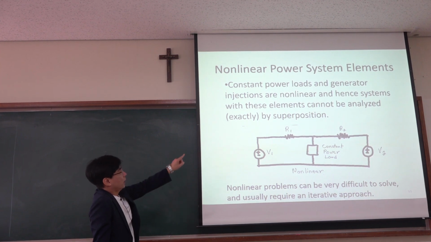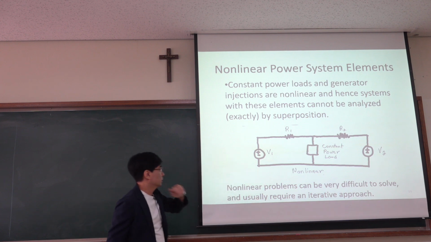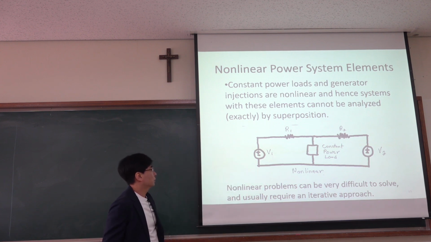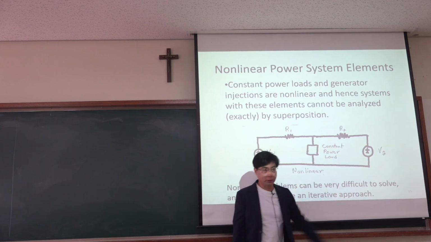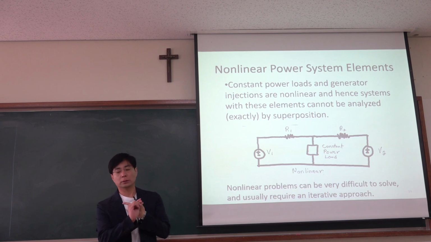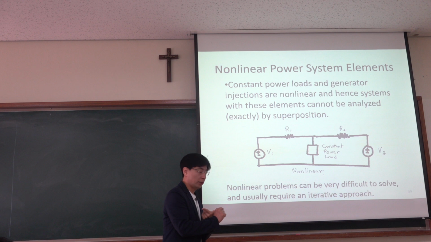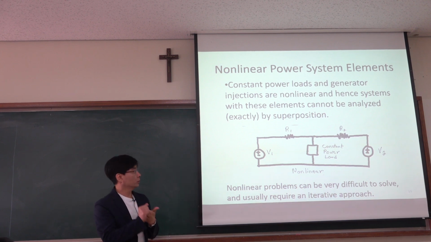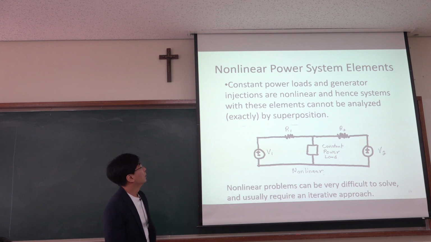So this cannot be analyzed using superposition principle, okay? So nonlinear problems can be very difficult to solve and usually require an iterative approach. So today we will discuss Gauss-Seidel method, which is one of the popular iterative methods. And then maybe next Tuesday we will discuss Newton-Raphson method.